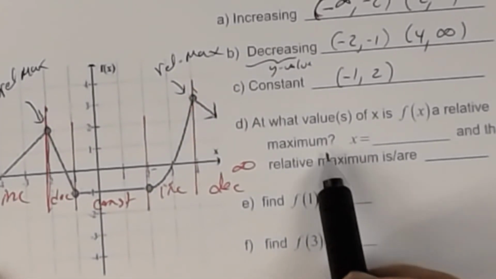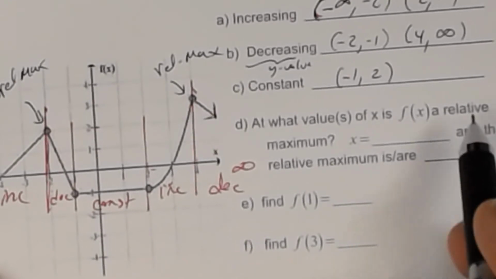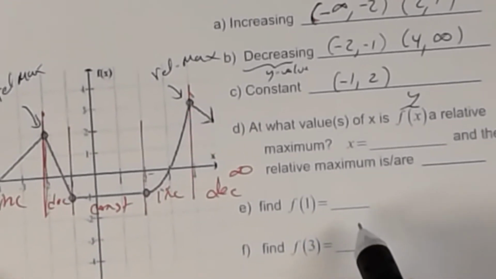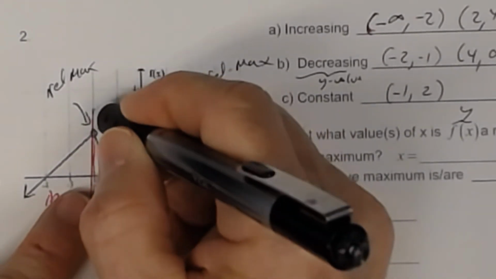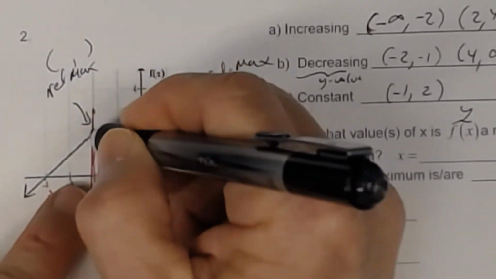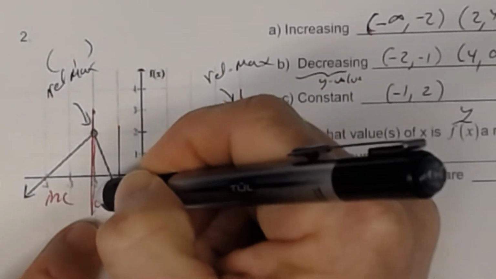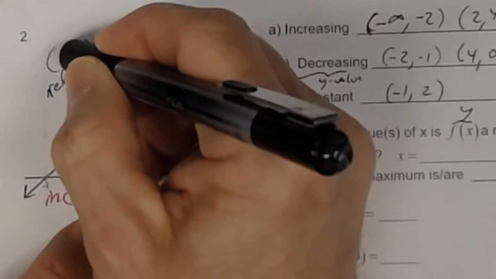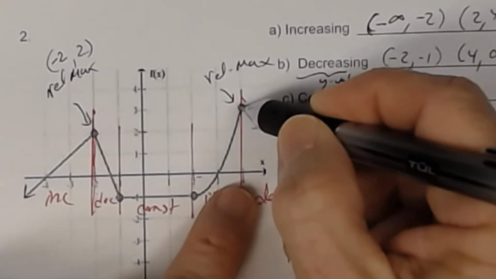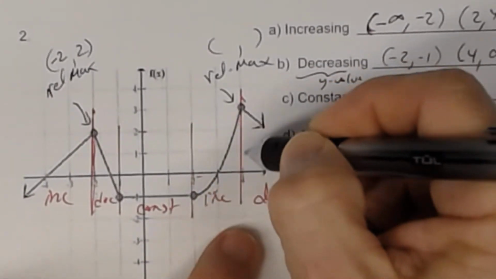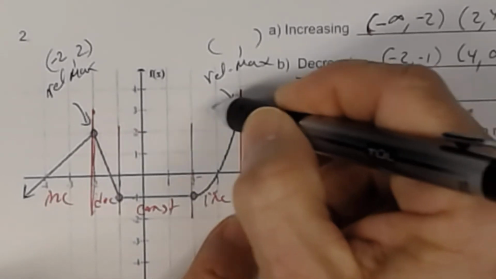Okay, so let's answer the question. At what values of x is y a relative max? This point here is -2, 2. And this point here is 4, 3.